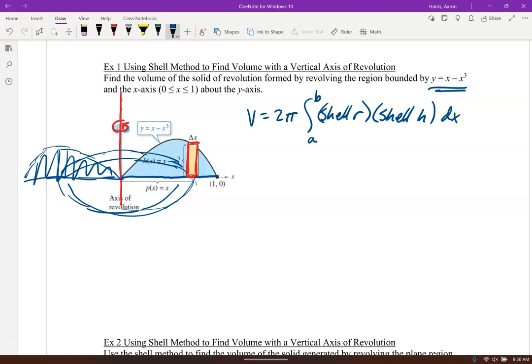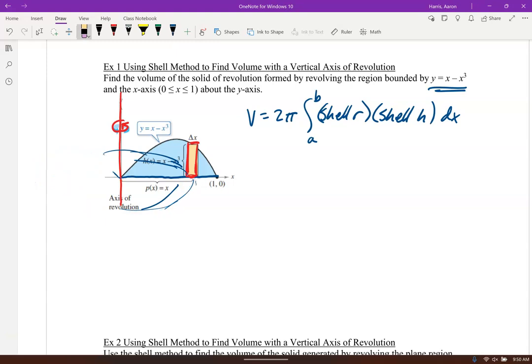Now I am going to erase the mess I made here for a minute so that I can show you the shell radius and that shell height. So the shell radius, if you can see from there to there, is just how far out in x I am.